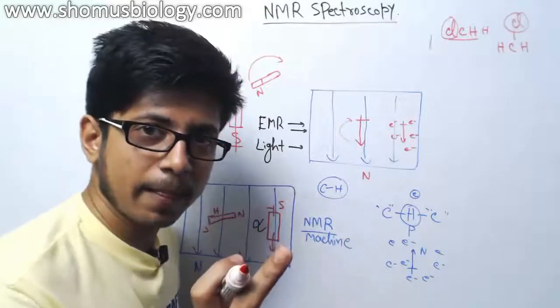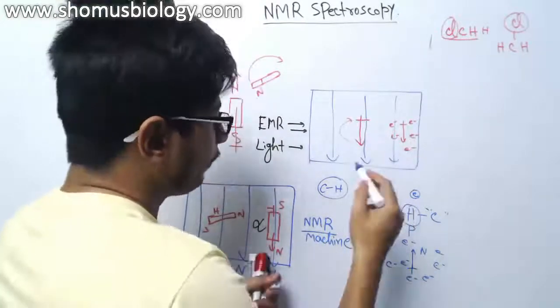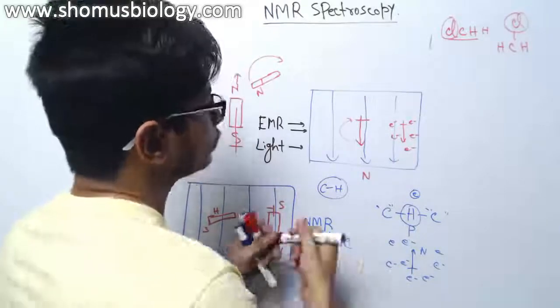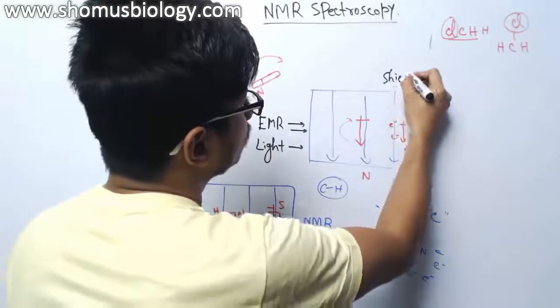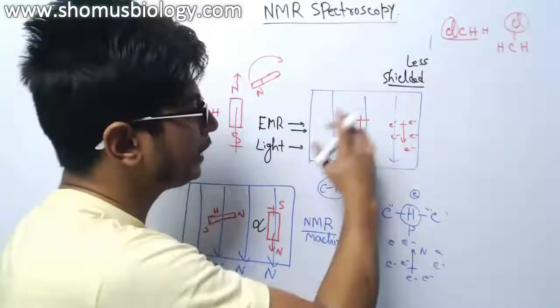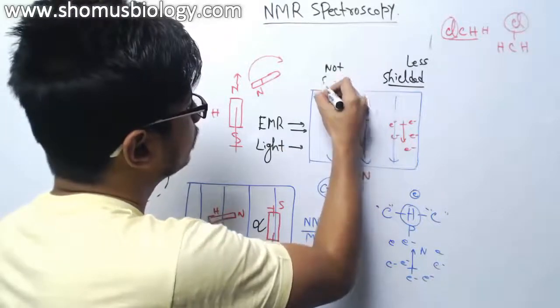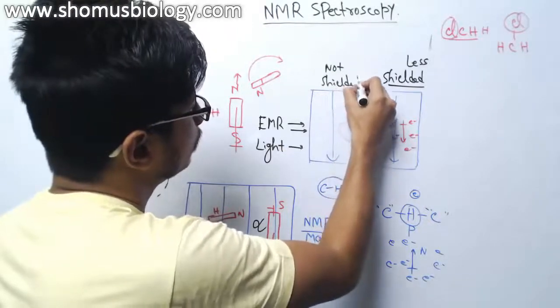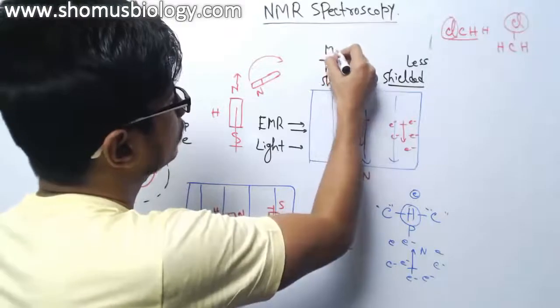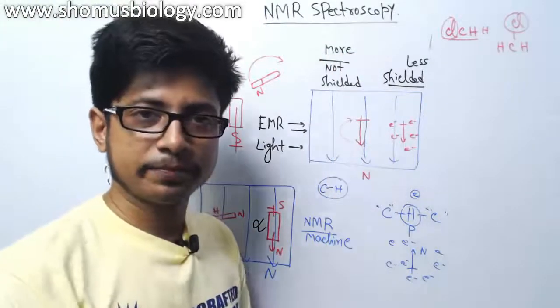Got the idea? So if it is shielded, we need less energy to spin it to the beta state. If it is not shielded, we need more energy to put it to the beta spin state.